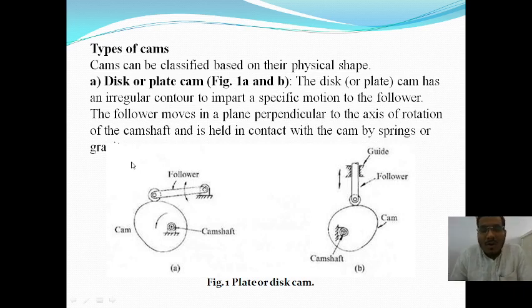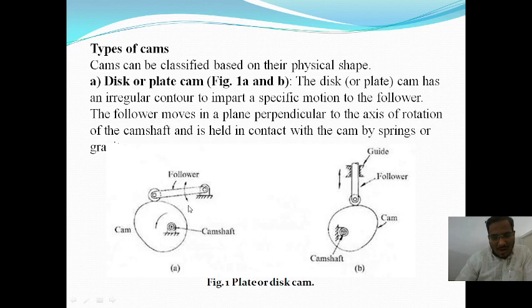Means what we are saying here, disc or plate type of cam is like this: this is the cam and the cam is fixed on the camshaft, and this is your follower, and the follower motion will look like this. Like this oscillation will be there.